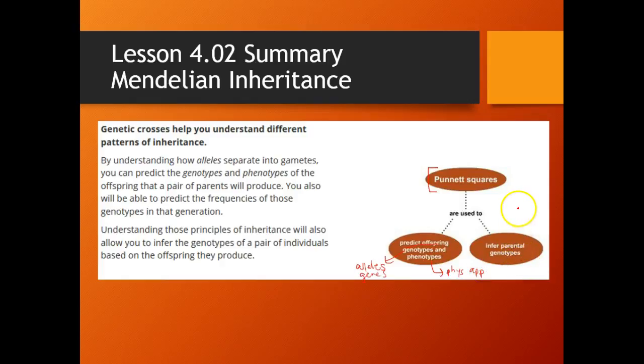We can also use Punnett squares to infer parental genotypes, which means we can predict what the parents' genotypes are if it's not clear. For example, remember we looked at those purple flowers. Sometimes the purple flowers can have big P, big P, or big P, little p. A Punnett square can help us determine which one it most likely would be.